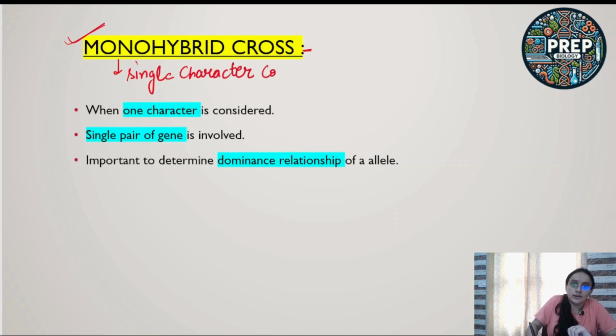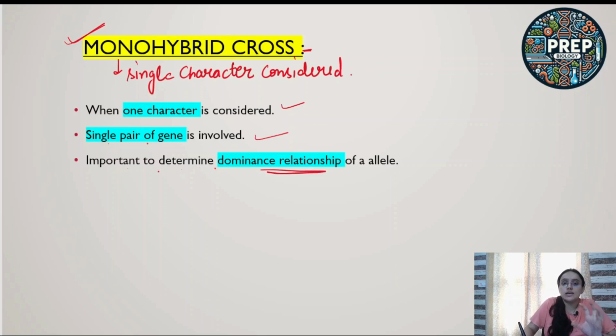So in the law of dominance, the monohybrid cross takes place. What is a monohybrid cross? When one character is considered and a single pair of genes is involved, and the monohybrid cross is important to determine the dominance relationship of an allele.